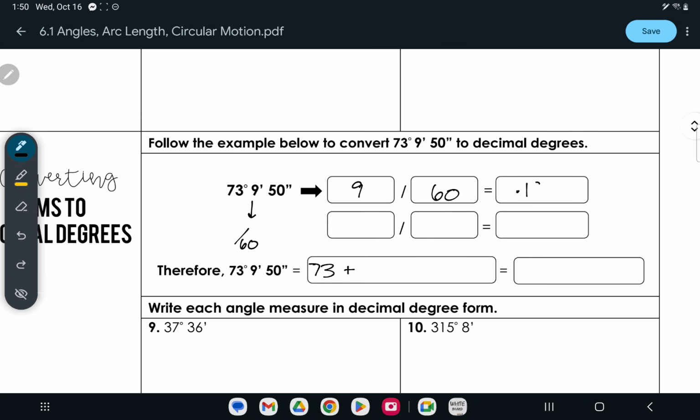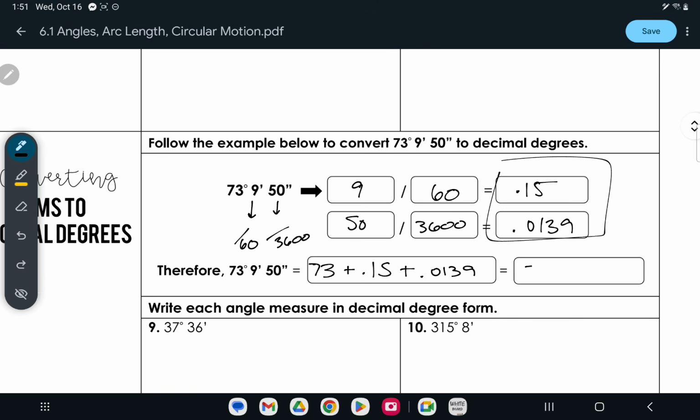It's going to give me 0.15, and then the 50 is out of 3,600 because there are 3,600 seconds in a degree. So we would do 50 divided by that 3,600. That gives me 0.0139. And then I just add these decimals together. So plus the 0.15 plus the 0.0139. So I get 73.1639 degrees. Okay.